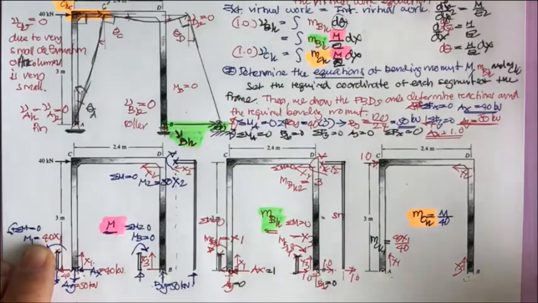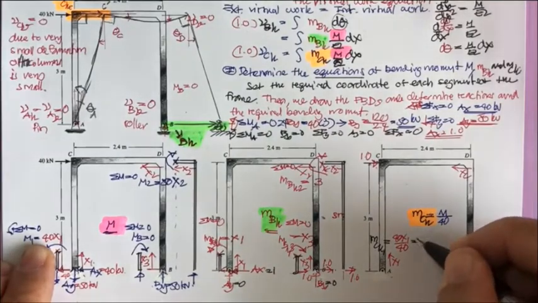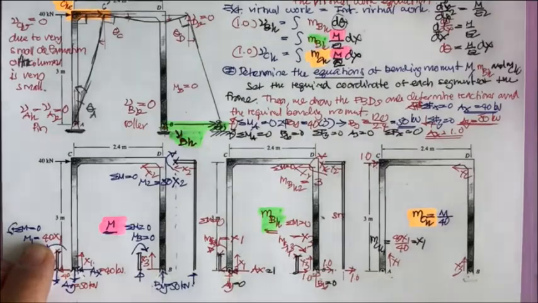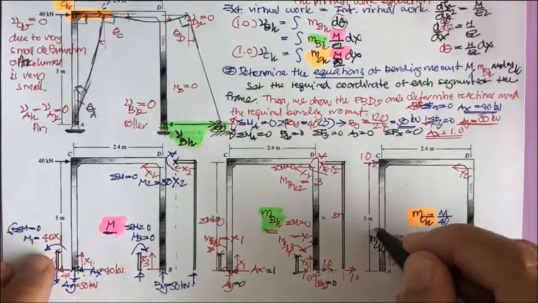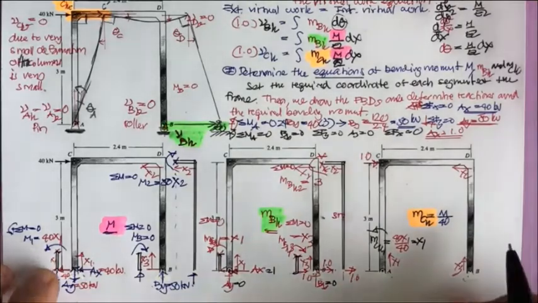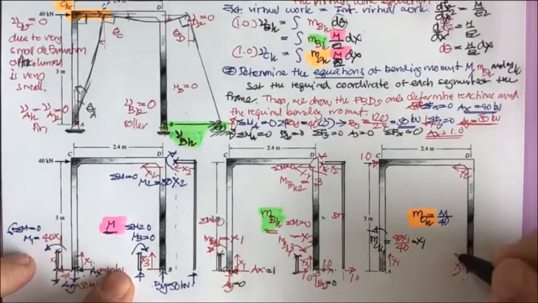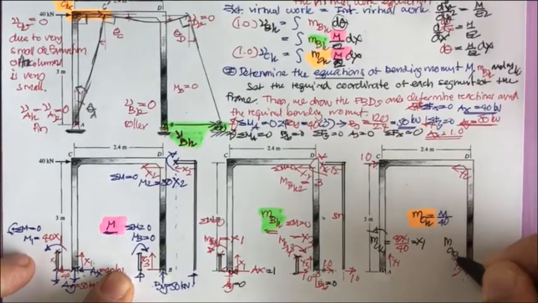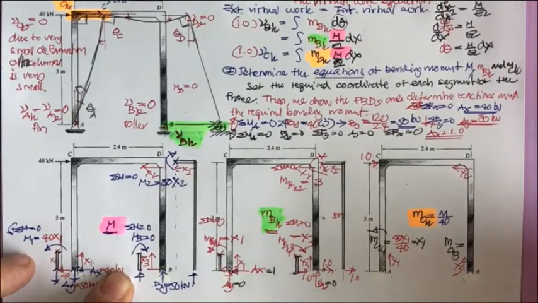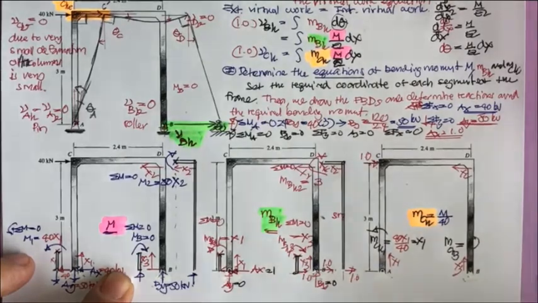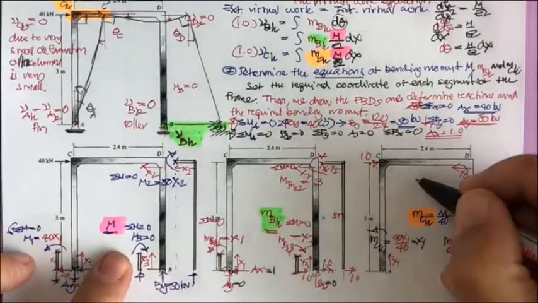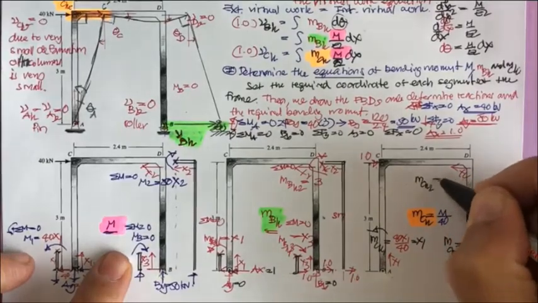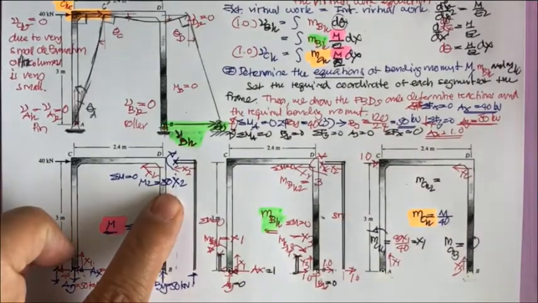So this is going to be equal to x1. Make it clear on this. And it's going to have this direction also. Okay. And for this one, x3, you're going to have m sub ch3 equal to 0. The same direction here. And for this, m sub ch2 is going to be 50 x2.